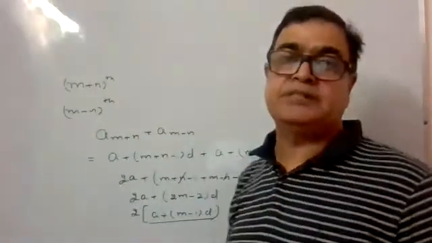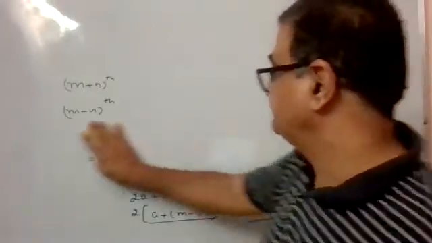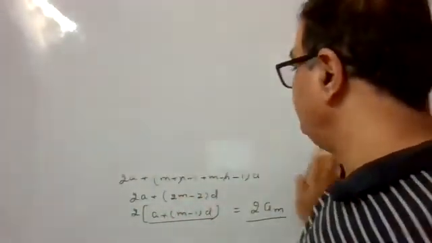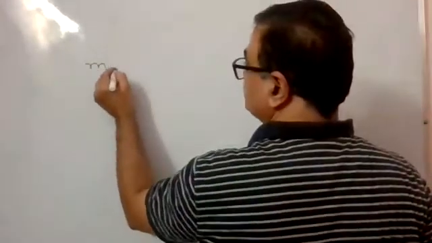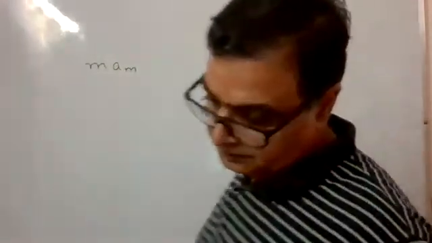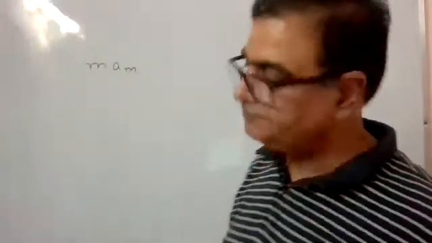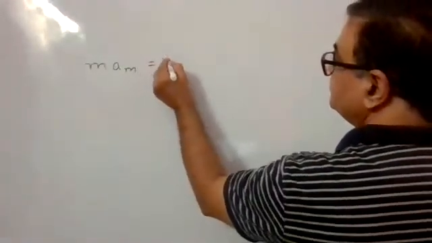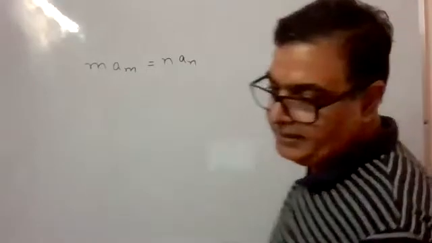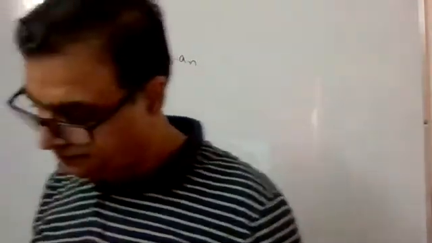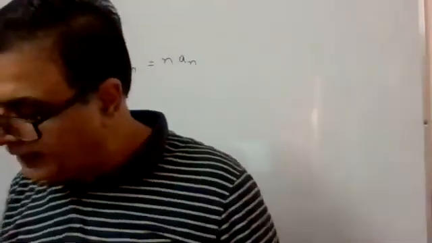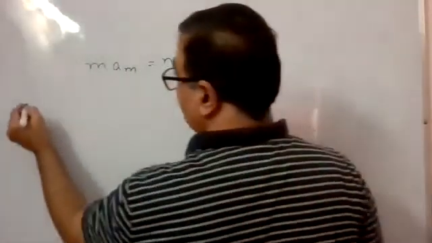If m times the mth term of an AP is equal to n times the nth term, find what is the m plus nth term.